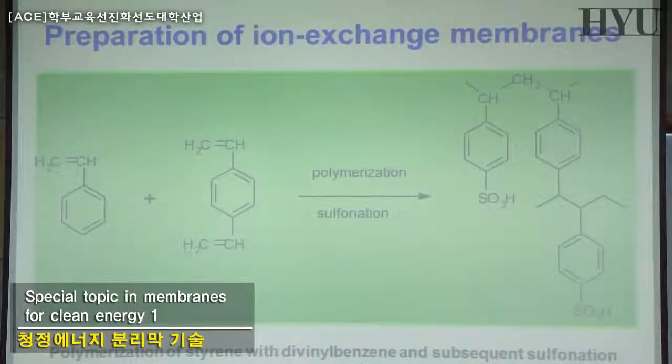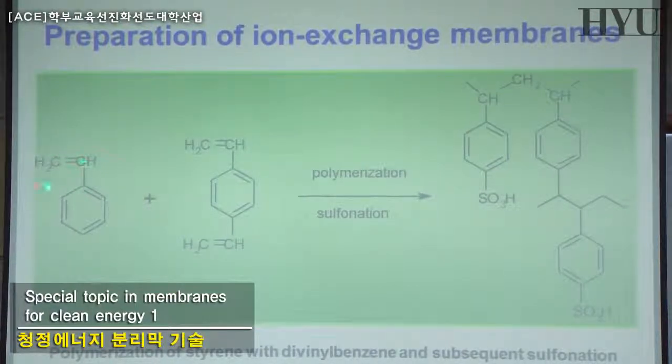This is one example of making the CEM. We start from polystyrene. We have a styrene monomer, and we have divinyl benzene. Divinyl benzene has two vinyl groups, whereas styrene has one vinyl group.